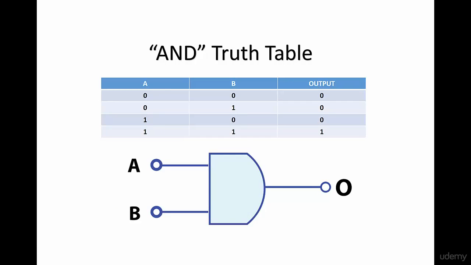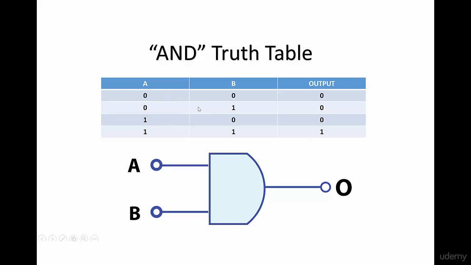So with that out of the way, let's have a look at the AND operator. Now this is the truth table for the AND operator. You can see that unlike the NOT, which only had 1 input, AND has 2, right? So you've got A and you've got B, and you get 1 output. So the key thing about the AND is that it only gives you true if both of the inputs are true.